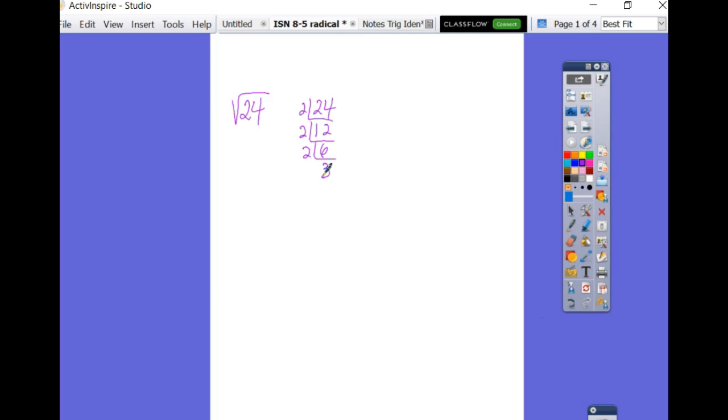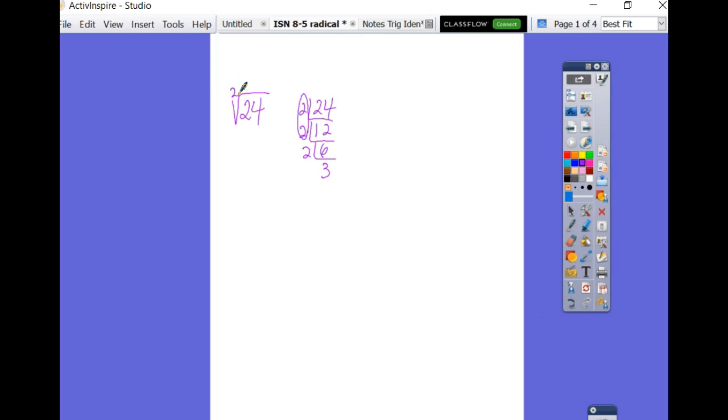So the pairs get to go outside, right? So why did I pick that the pairs get to go outside? They're together, but we picked pairs because we're talking about the square root, right? And the square root, what's the number that's there? 2. We don't write it down, but it's a 2. And that's why I picked pairs.